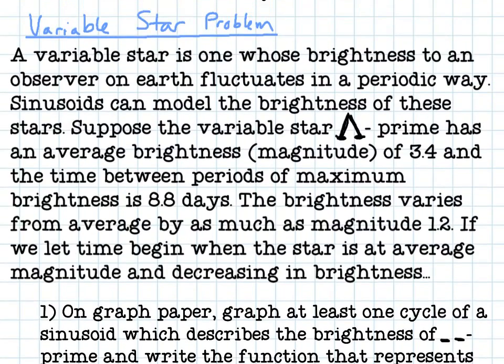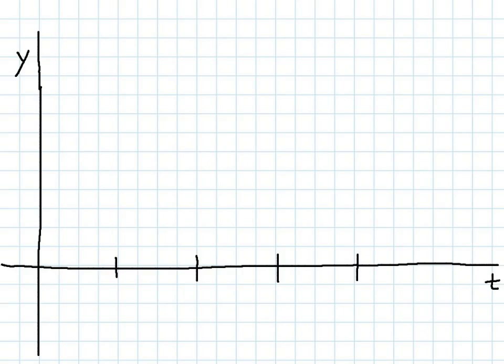So let's use that first part and let's graph it. So let's go make a graph. Now here, remember, your graph can be at any interval you want it to be. So for your time, since a period is the length of 8.8 days, how about we make 8.8 days the length of our graph.